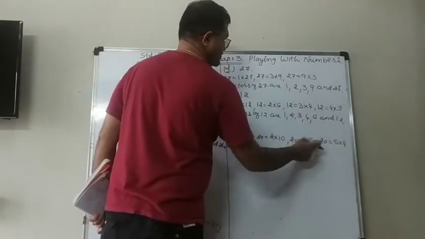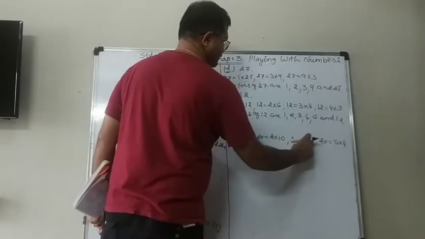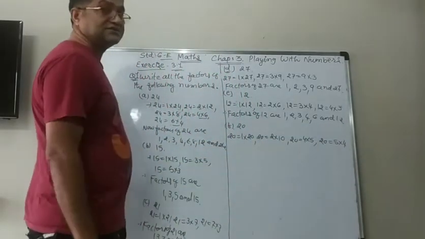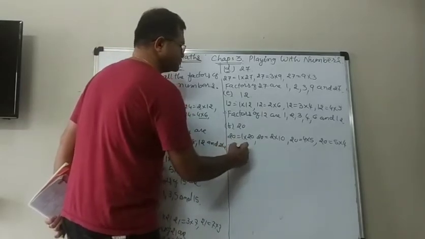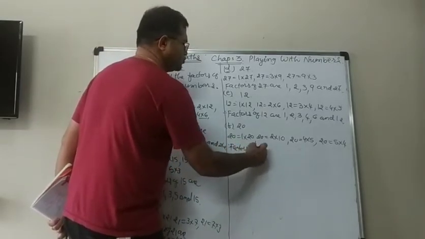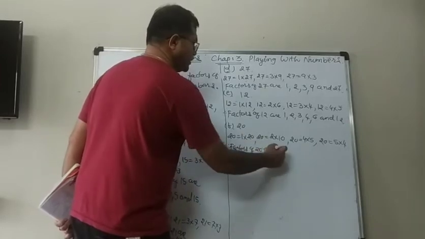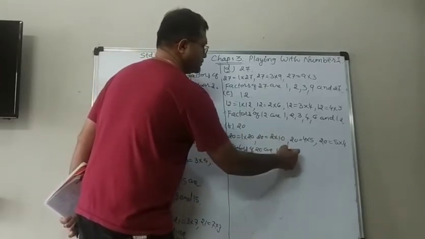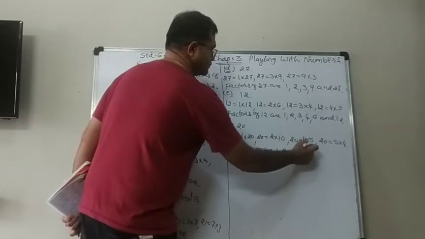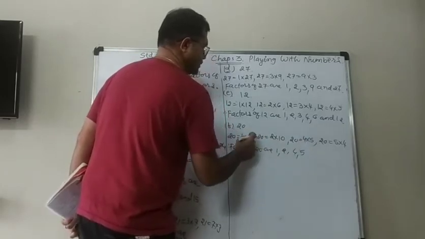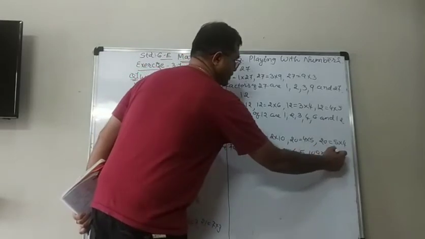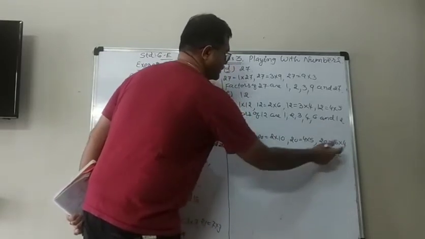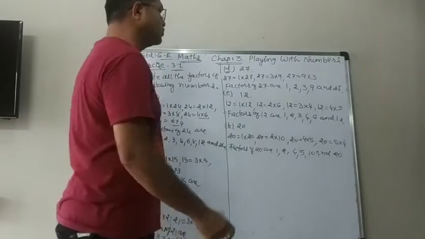So here we have to stop because the same factors came back. 4 5s and 5 4s is the same thing. Therefore, factors of 20 are 1, then 2, then 4, then 5, then 10 and 20. Whatever number came in here, by the multiplication we have to write it down.